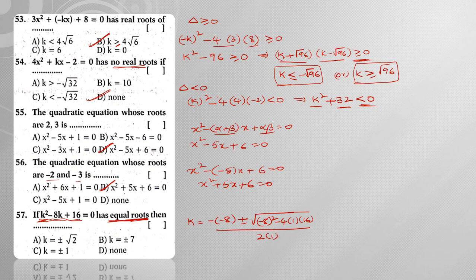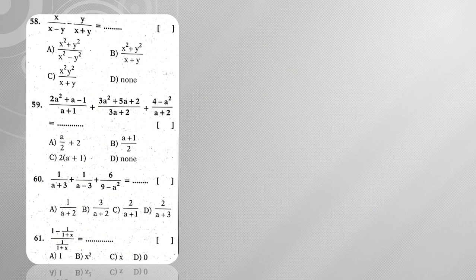So that is nothing but 2 into 1, which gives me 8 plus or minus square root of minus 8 whole square is 64, 16 4s are 64 by 2a. So 8 by 2 is nothing but 4. So hence the value of k is equal to 4. So k value is 4, but in the options there is no 4, hence option D will be my answer.